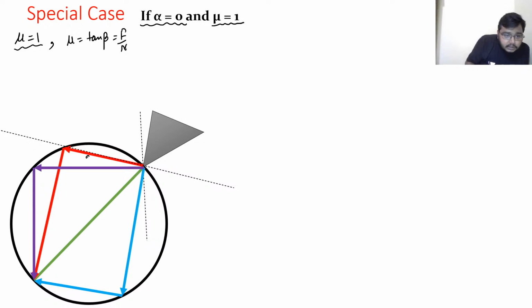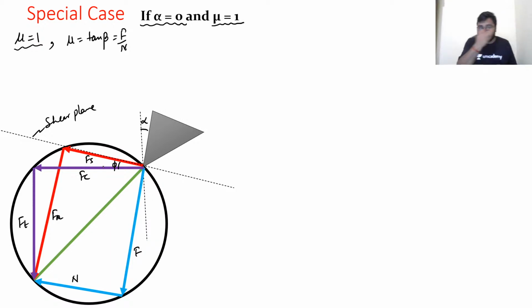So just again writing, this is FS, this is FN, this is FC, this is FT, this is F, this is N, this is your shear plane, this angle is making alpha, right? This is your shear plane. Clear? This is your phi.